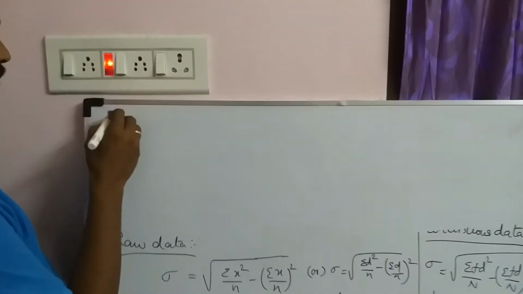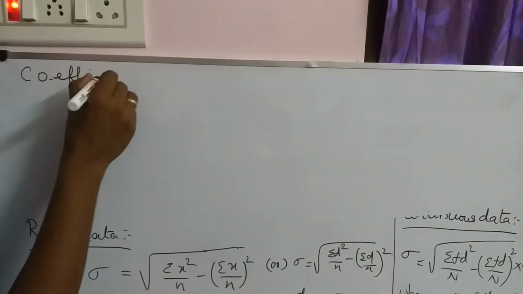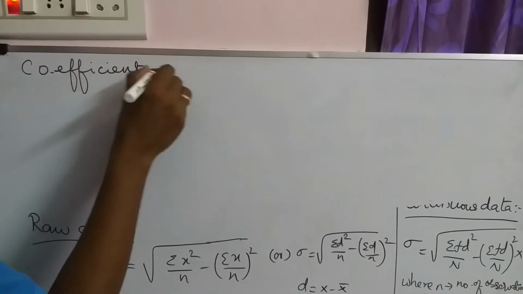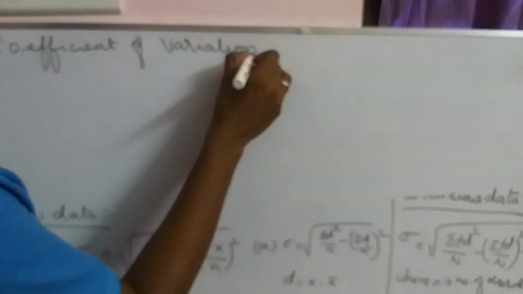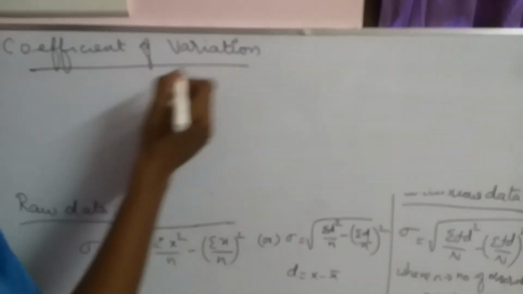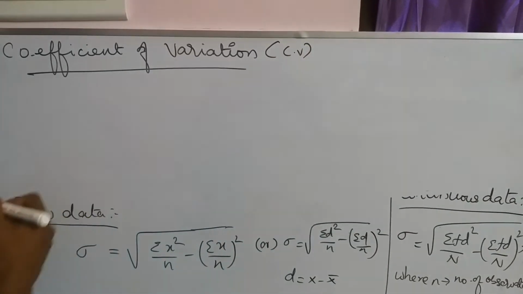See the next, coefficient of variation. The coefficient of variation we denote as CV.